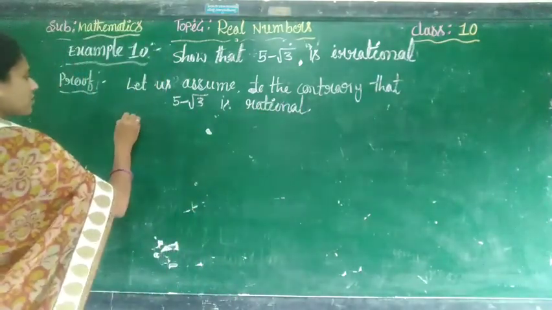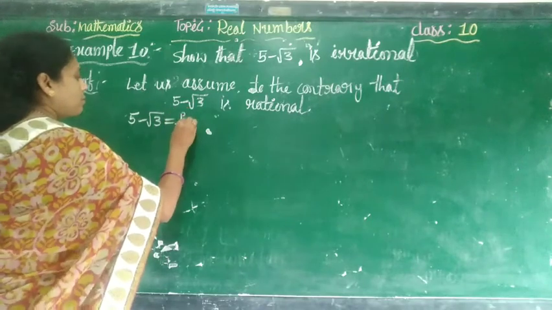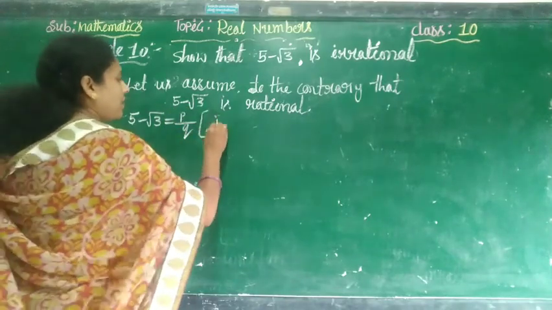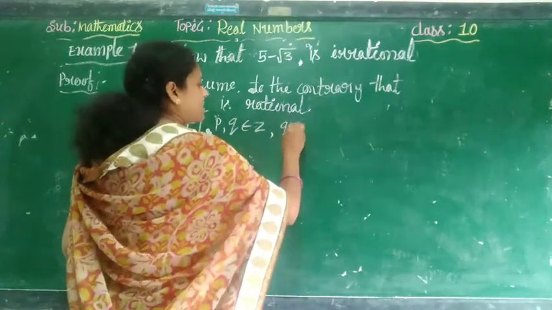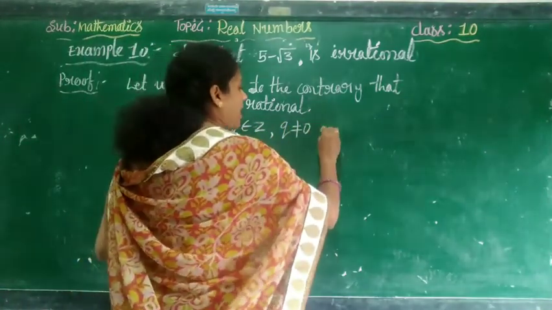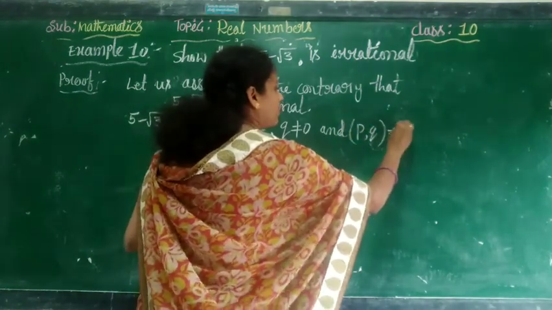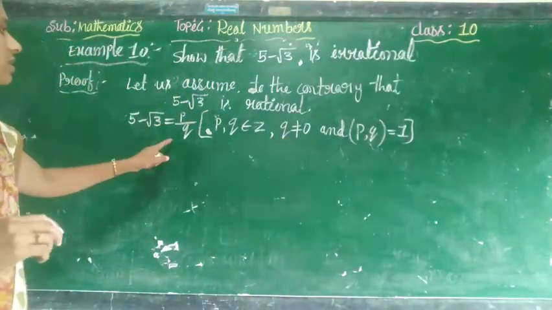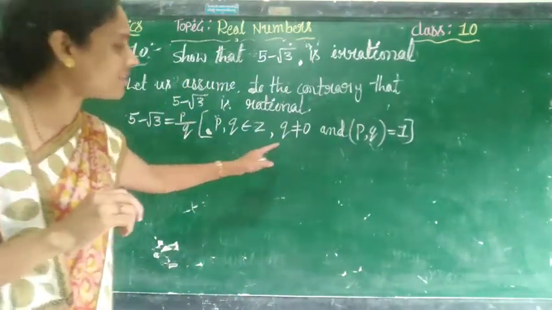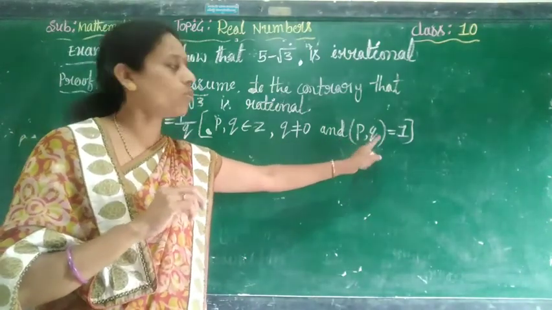So 5 minus root 3 is equal to p by q, where p, q belongs to Z, q is not equal to 0 and gcd of p, q is equal to 1. So here there is no other common factors of p and q other than 1.